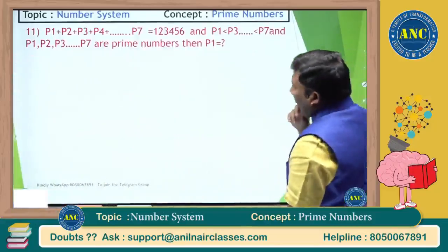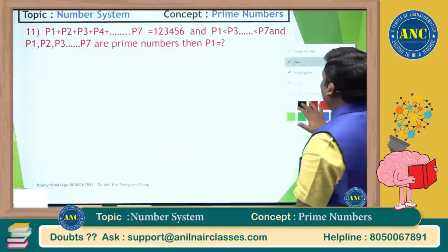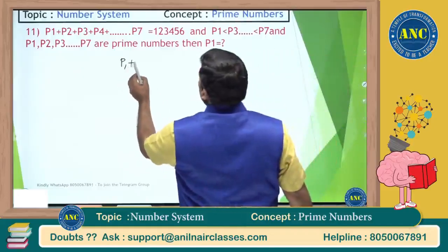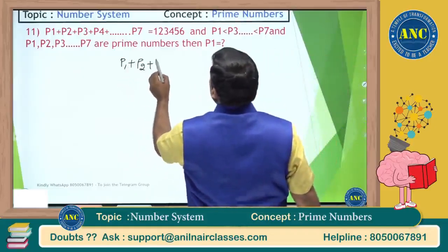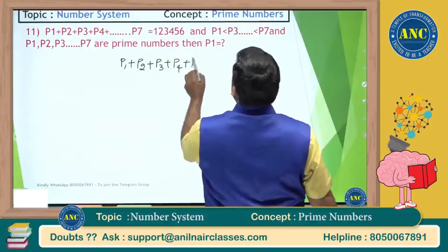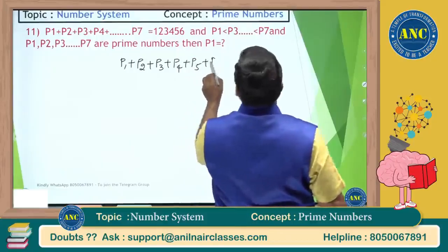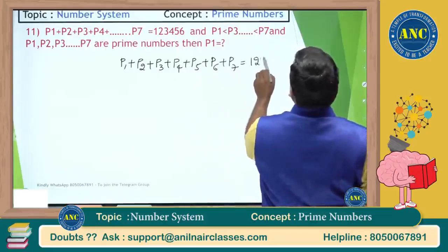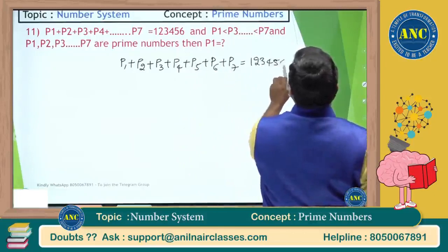Next one, P1 plus P2 plus P3 and so on up to P7. Please write down P1 plus P2 plus P3 plus P4 plus P5 plus P6 plus P7. It is equivalent to 1, 2, 3, 4, 5, 6.